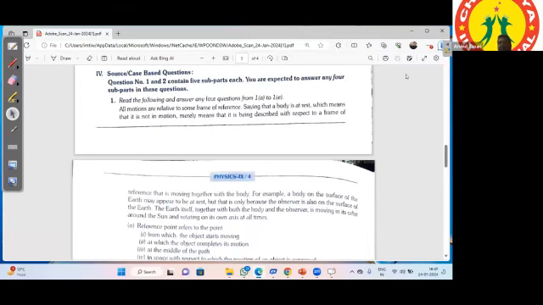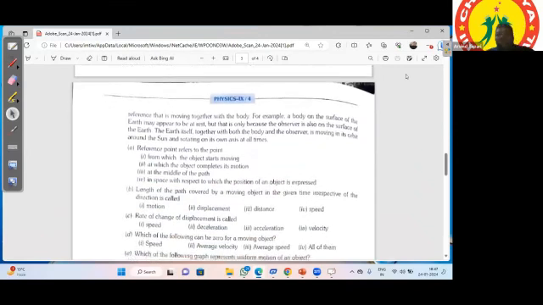Saying that a body is at rest merely means that it is being described with respect to a frame of reference that is moving together with the body. For example, a body on the surface of the earth may appear to be at rest, but that is only because the observer is also on the surface of the earth. Read it. I'll give you just 2 minutes, and then we can start with the question answers.